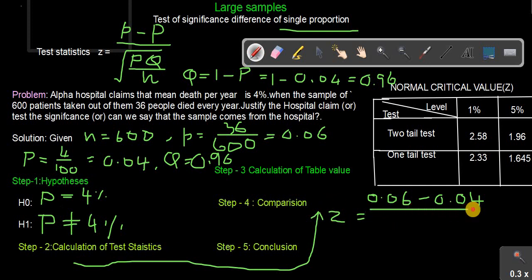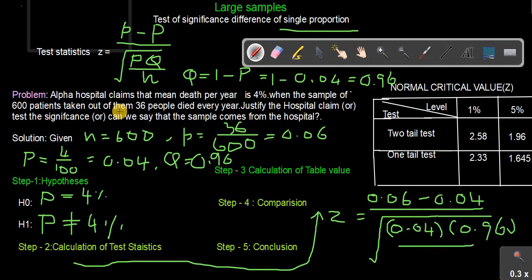We have to divide this by the square root of P, that is capital P, the proportion of the population in the hospital, that is 0.04, multiplied by Q. Q is what we have calculated, 0.96, divided by n.